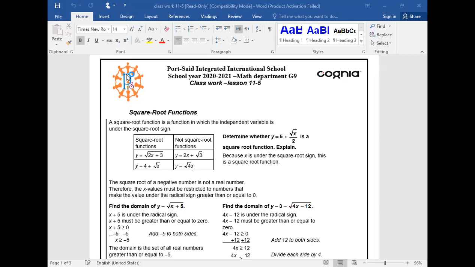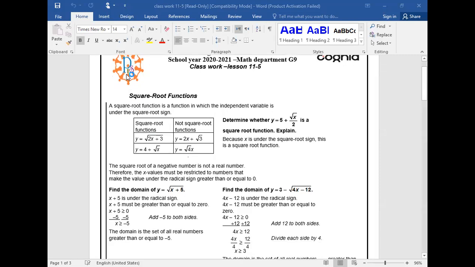Then, the square root of a negative number is not a real number. Therefore, the x value must satisfy the condition that makes the value under the radical sign greater than or equal to 0.